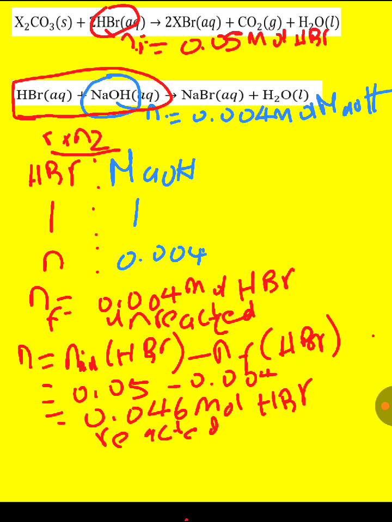Now I'm going to use the reacted number of moles in a ratio to get the number of moles of this substance here, the metal carbonate, since now I've got the reacted number of moles.